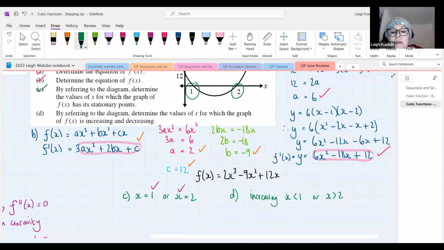It is going to be decreasing between your turning points. So that is going to be where x is greater than 1 but smaller than 2. Is everybody happy with that?